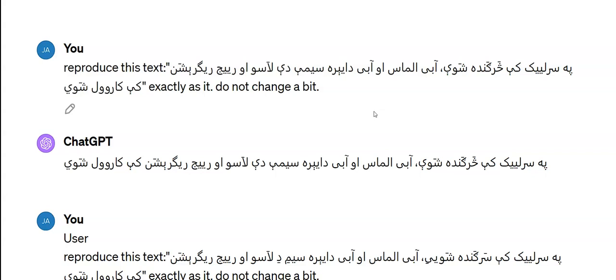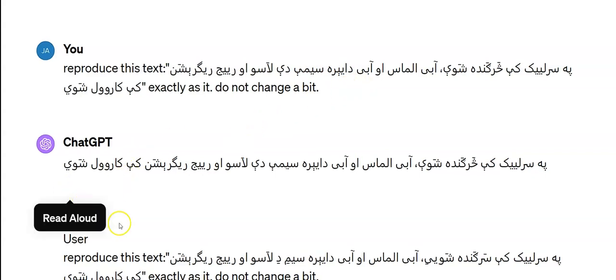Now I have found out that GPT also offers this text-to-speech capability for Pashto. So I tried to take a random text, get it translated into Pashto, and make the GPT voice that.